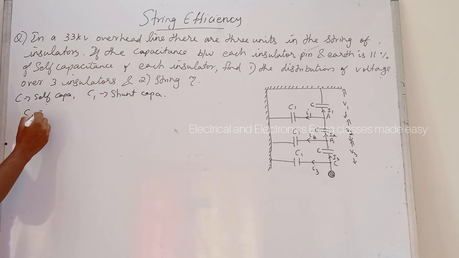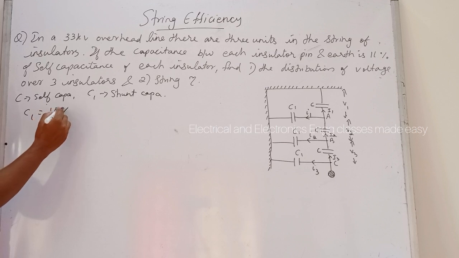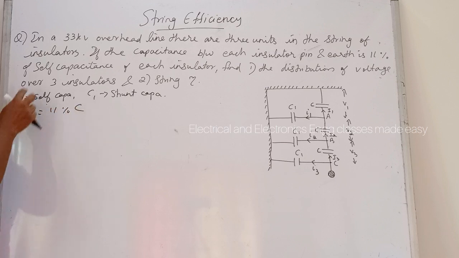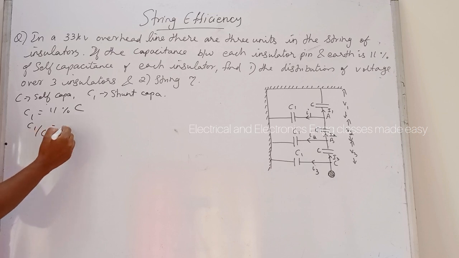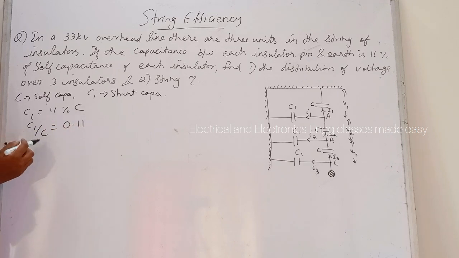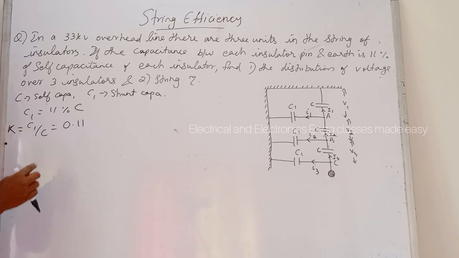So C1 is equal to 11% of C. That is, C1 divided by C is equal to 0.11, and C1 divided by C is the fraction K. So K is equal to 0.11.